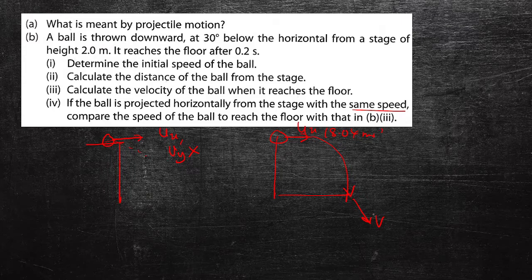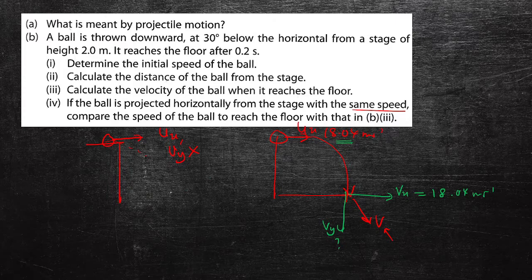Okay, but to get this v, you will have to find what is the vx and how much is vy. So vx is the same, 18.04. Okay, as you remember, in the horizontal motion there is no acceleration, but how much is vy?